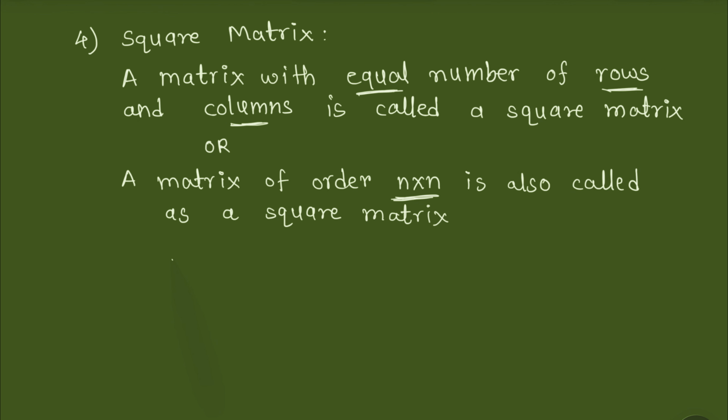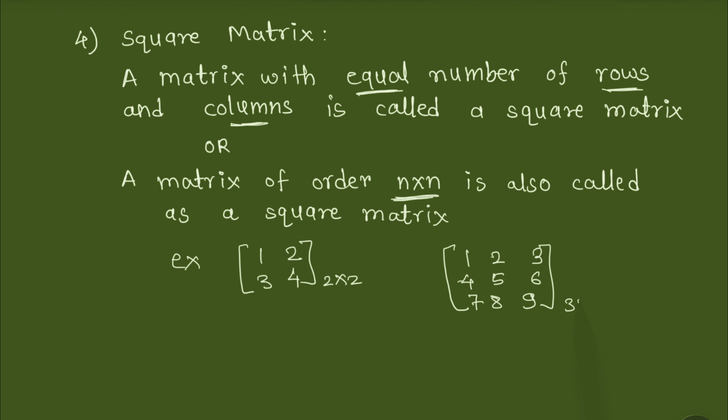Let's take examples: 1, 2, 3, 4, a matrix with order 2 cross 2; 1, 2, 3, 4, 5, 6, 7, 8, 9, a matrix with order 3 cross 3; or 1, a matrix with order 1 cross 1. These are square matrices. A square matrix has the order n cross n.